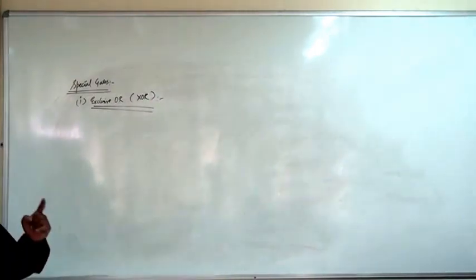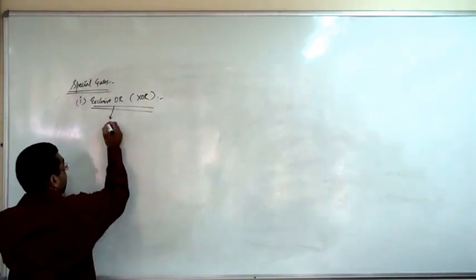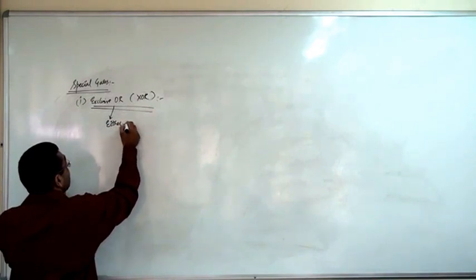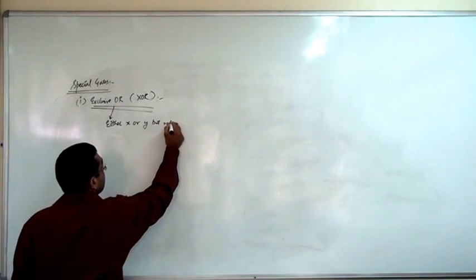Okay, so now what does exclusive OR or XOR stand for? It actually stands for, if I have two inputs, either X or Y but not both.